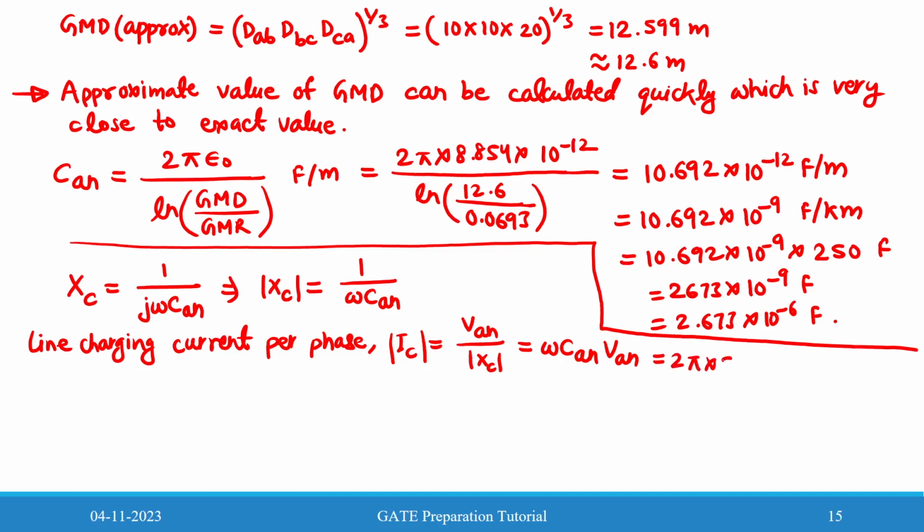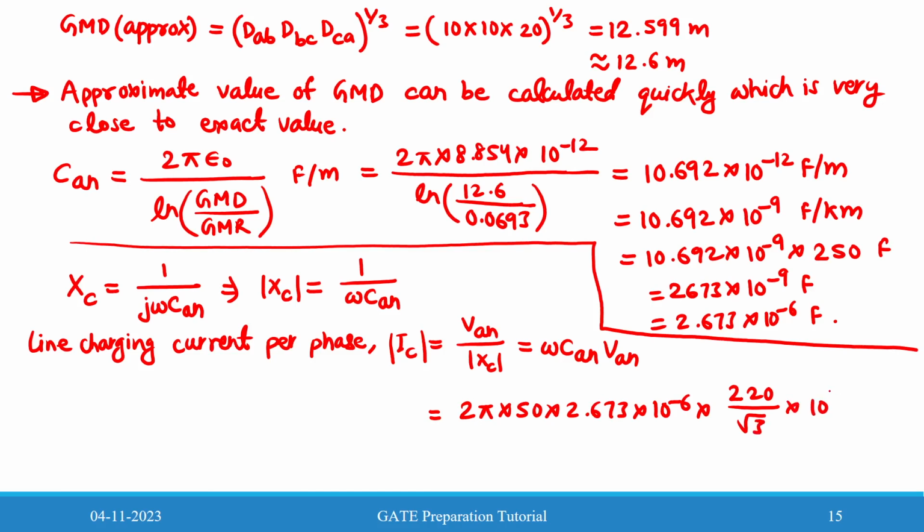So putting all these values: 2 pi into 50, CAN is 2.673 into 10 to the power minus 6, and VAN is 220 divided by root 3.